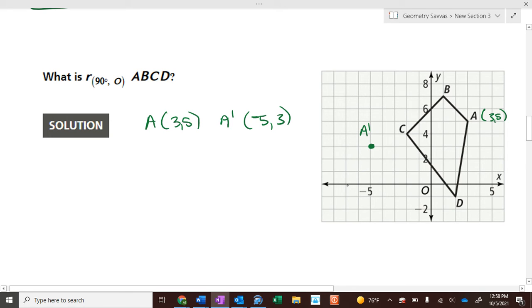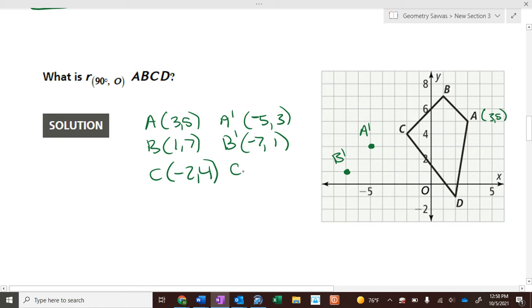That's A prime. B was at 1, 7. So B prime will be at negative 7, 1. C was at negative 2, 4. So it'll be at negative 4, negative 2.